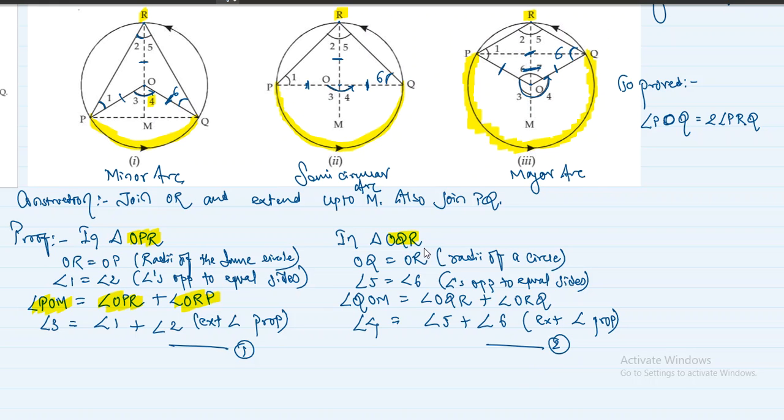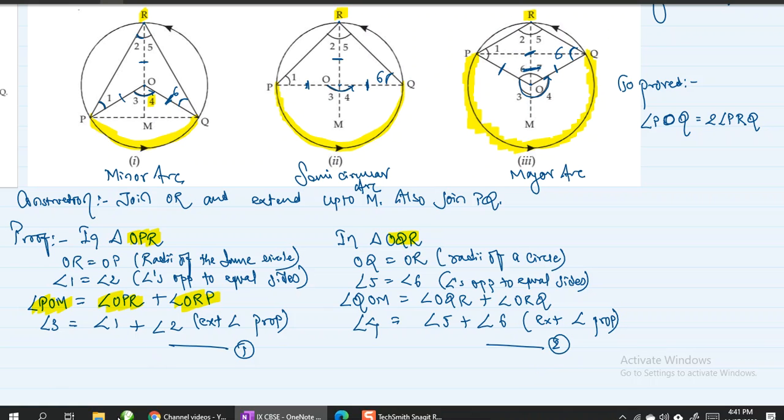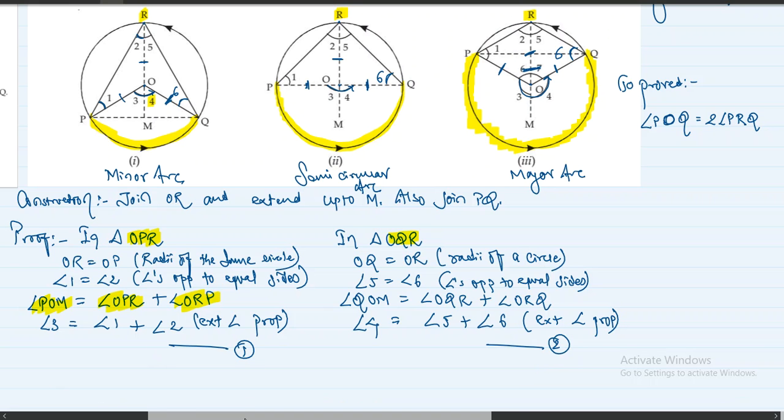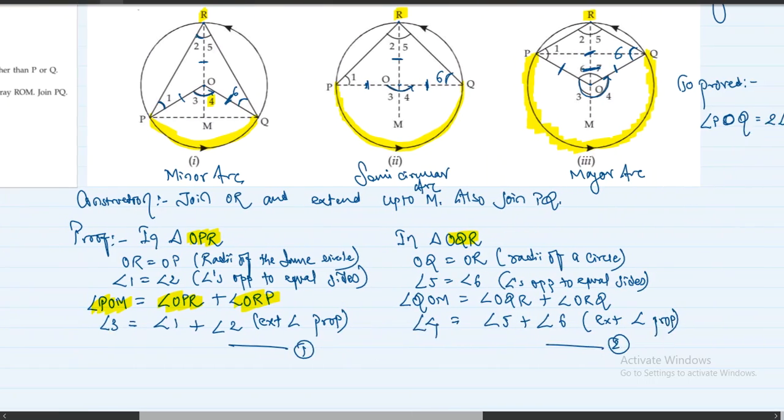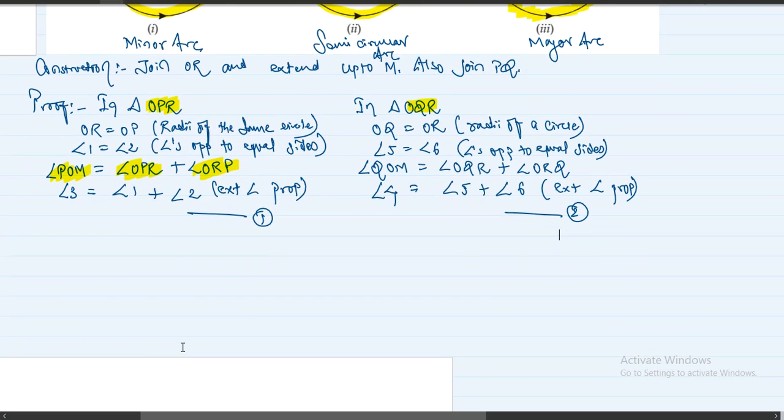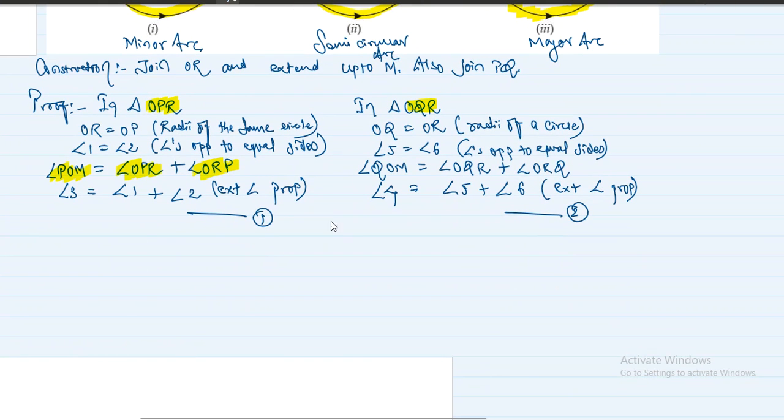Okay, so we have OPR, OQR in our hands. Great. What next? Now see, we have already mentioned equation number 1 and 2. Now what we'll do is adding equation 1 and 2. What do we get?